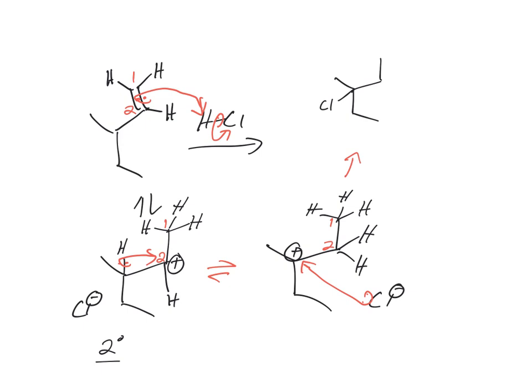Be careful, this is not an asymmetric center. Do we need to say plus an enantiomer? No. As a matter of fact, if you said plus an enantiomer, that tells me you don't know what an asymmetric center is. So be careful. Don't always think plus an enantiomer just because you see a carbocation. Wait to worry about enantiomers and diastereomers until the very end when you're done. So there would be the product.